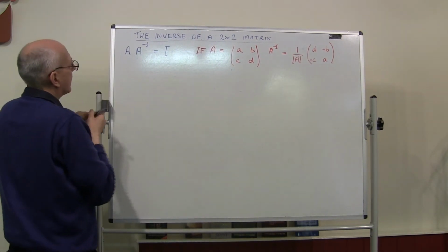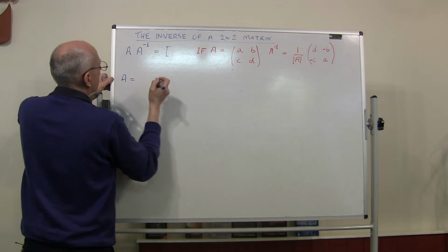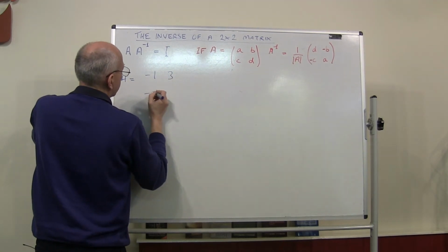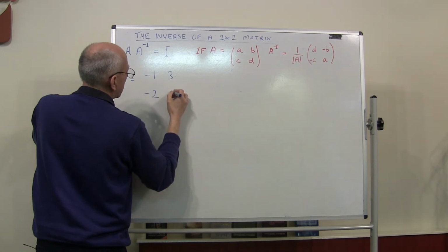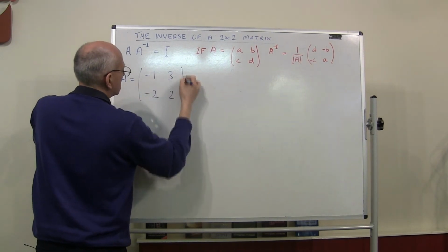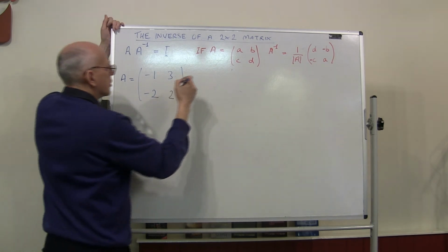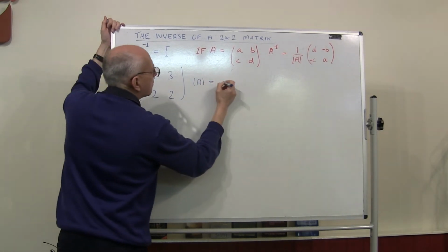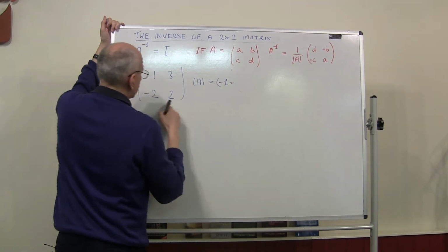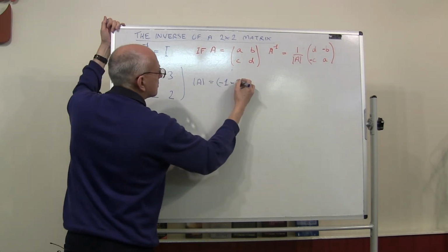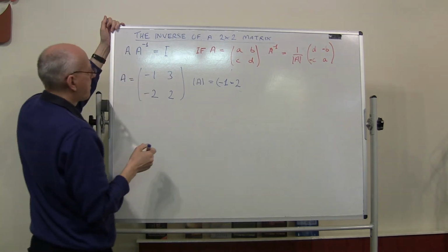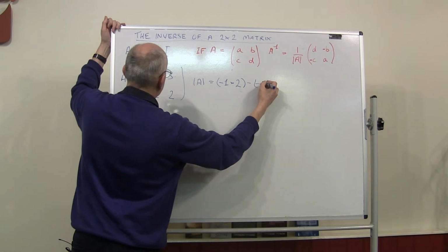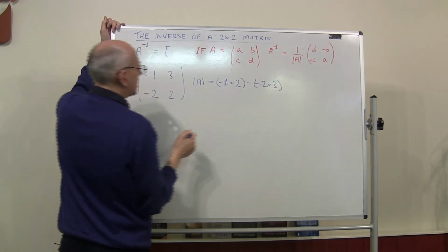Let's have a look at, so A equals minus 1, 3, minus 2, 2. I'm going to find the determinant first. Determinant of that is minus 1 times 2 minus 2 times 3.